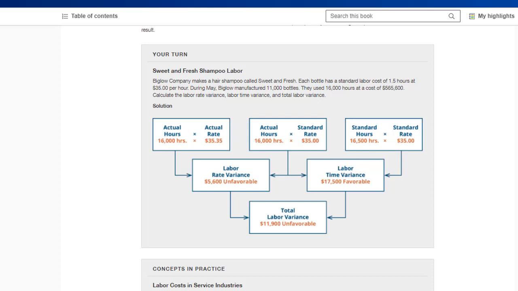According to the box in the upper left-hand corner, I actually spent 16,000 hours times $35.35. That product, the total amount I actually spent, works out to be $565,600.